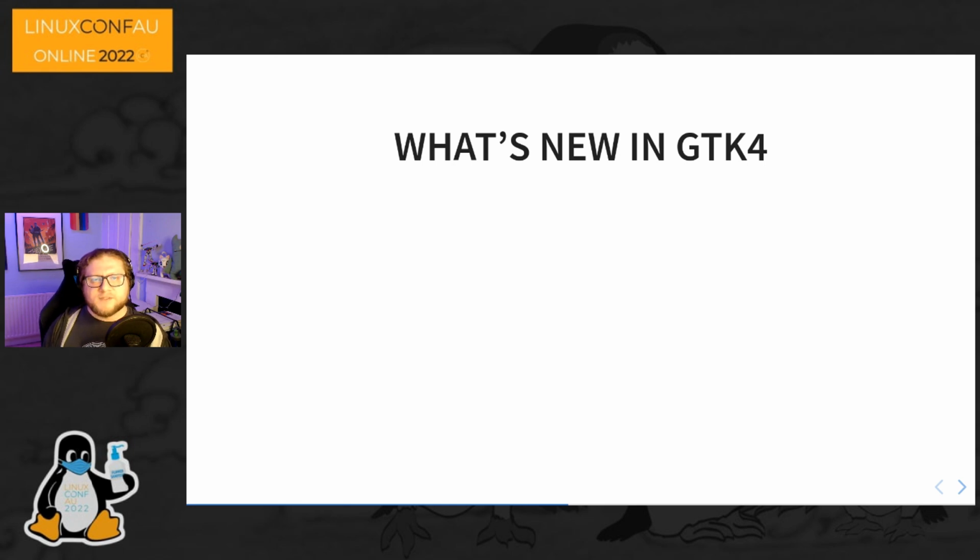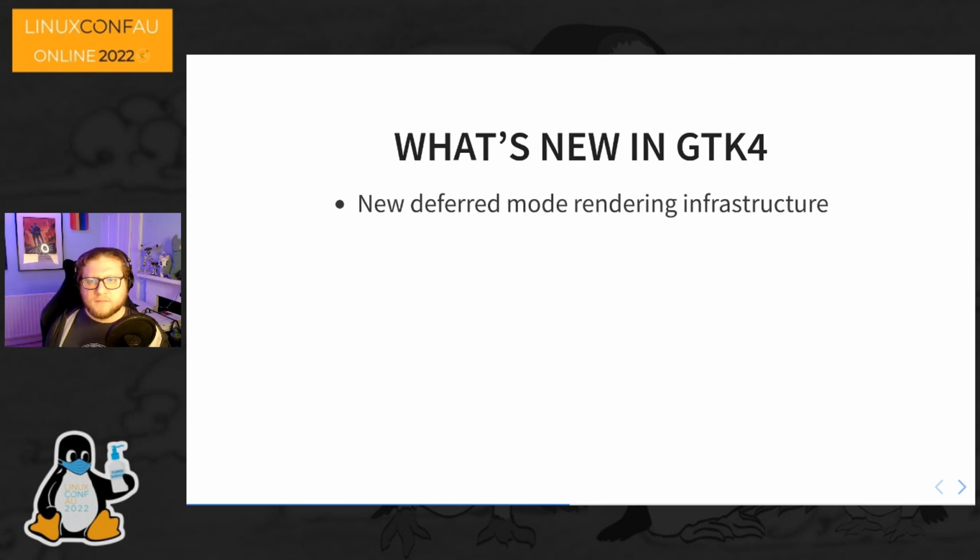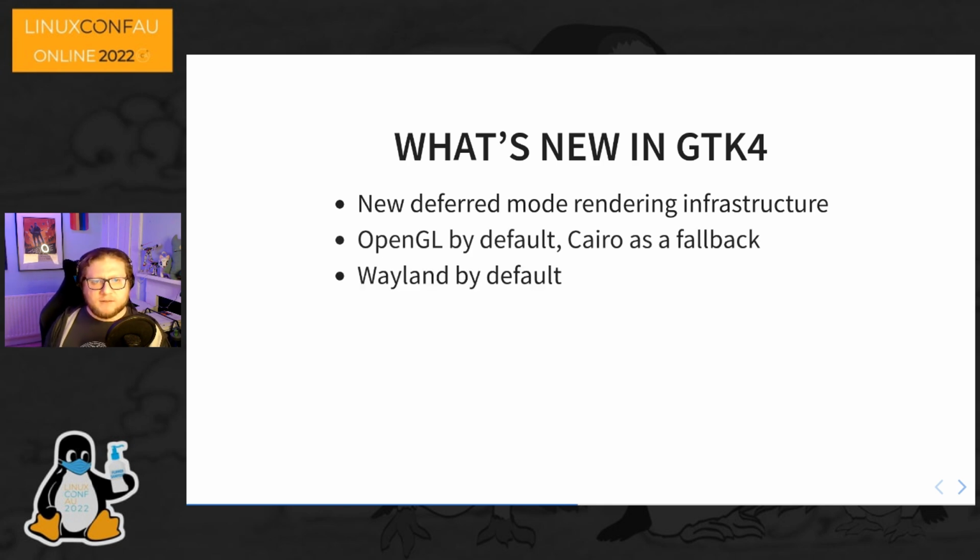So what's new in GTK4? We have a new deferred mode rendering infrastructure instead of being an immediate mode with Cairo. So you don't draw directly, you submit rendering commands, and then GTK will take them and structure them in ways that make more sense. We use OpenGL by default and Cairo as a fallback. We use Wayland by default, even the design of the API is based on Wayland.